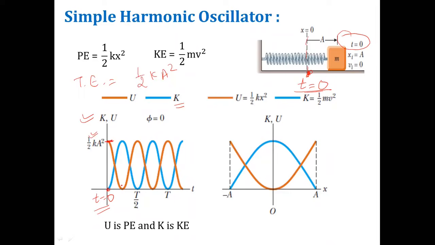If you go to time T by 4, this is your time T by 4, this is your time 3T by 4. Now, in time T by 4, you will come back to this position here.